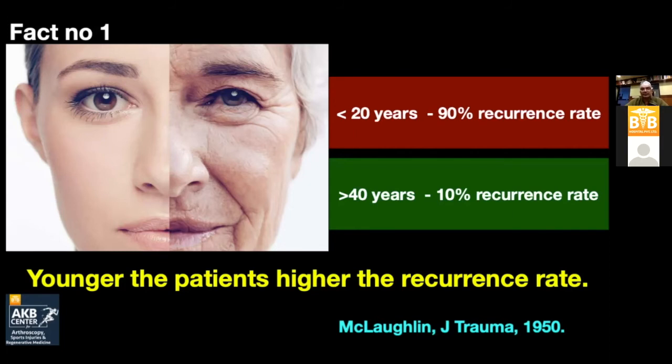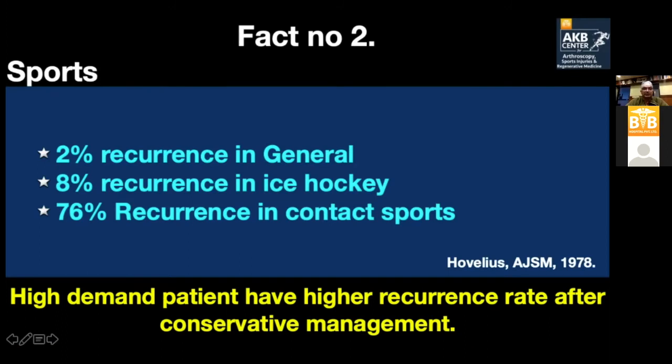Whereas if you see someone who is above 40, the recurrence rate is just 10%. So the younger the patient, the higher the recurrence rate. This is a fact that we have known for almost 70 years. Another thing is the type of sporting activities and the demand of the patient. The recurrence rate after a first traumatic dislocation in the general population is considered as 2%.